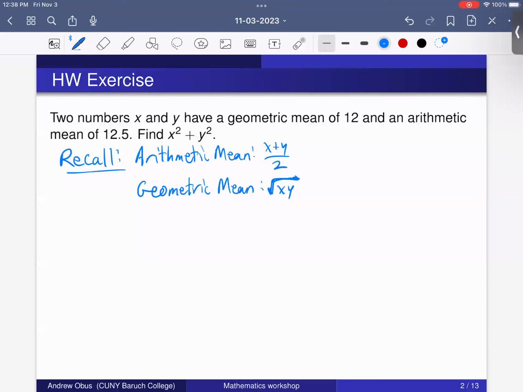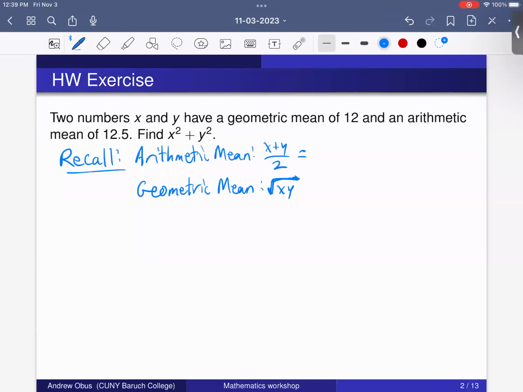So for the question, we see that the geometric mean was given for the two values as 12. So the square root of xy is equal to 12.